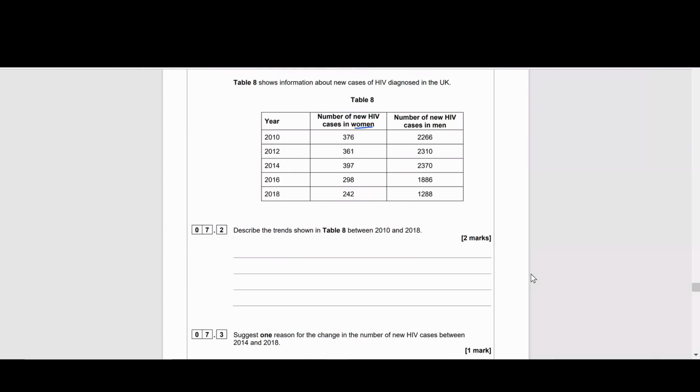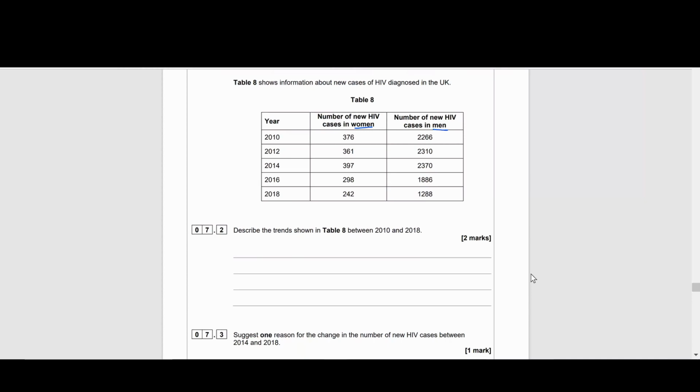We could look at how women change only, and then separately how men change, or we could talk about how they overall change for both of them. But if we do that, that's probably going to be just one mark. So it would be safer to describe how women change, get a mark, and then how men change and get a mark.